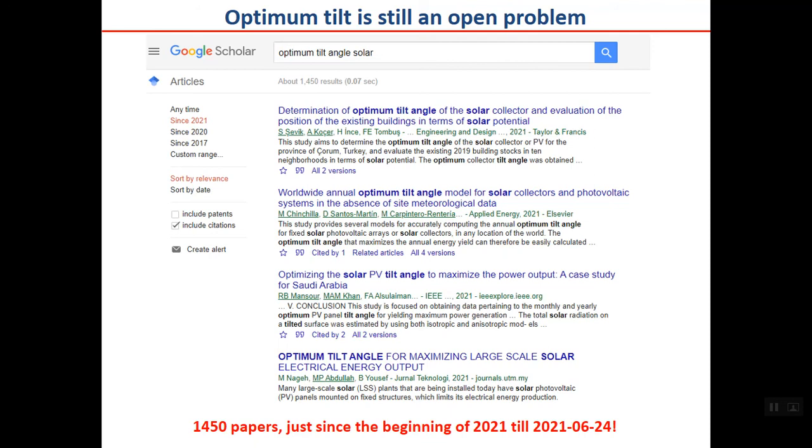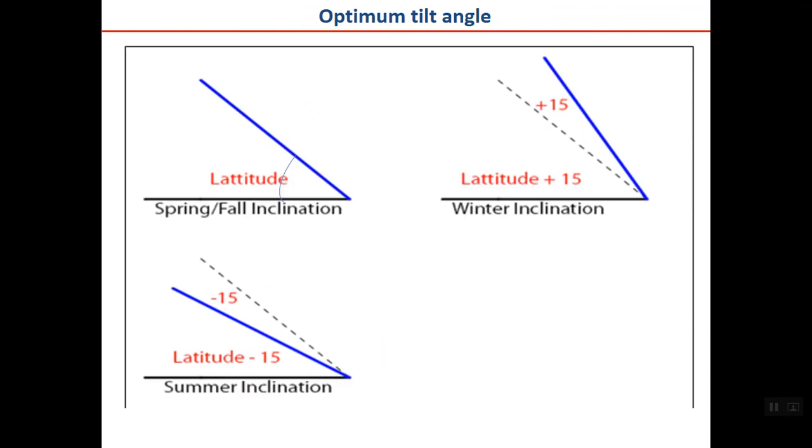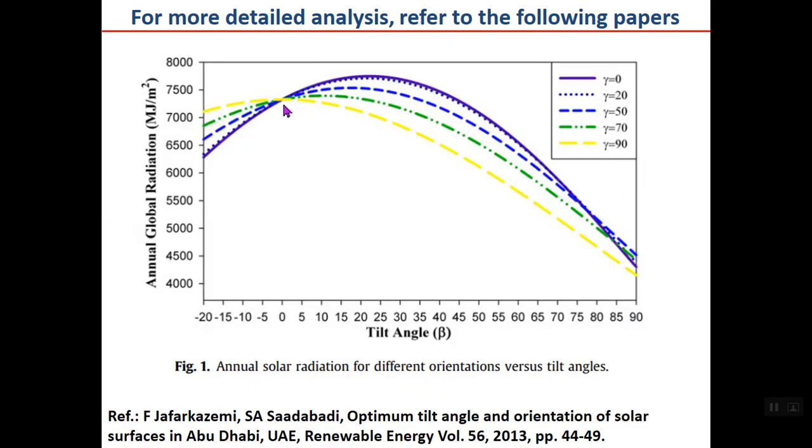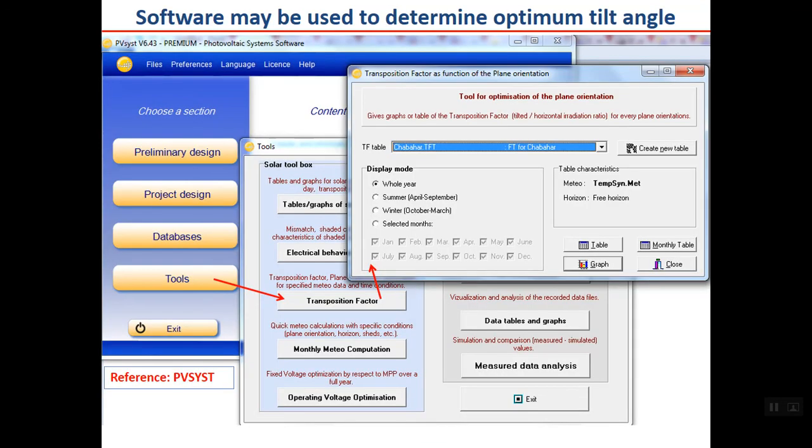For example, optimizing the solar PV tilt angle to maximize the power output, or determination of the optimum tilt angle for a solar collector and evaluation of the position of an existing building. There is a lot of research going on considering different aspects of the optimum tilt angle. While the simple rule is what you see in this slide, there are a lot of complexities, and if you are interested, you can do your final thesis on this topic.